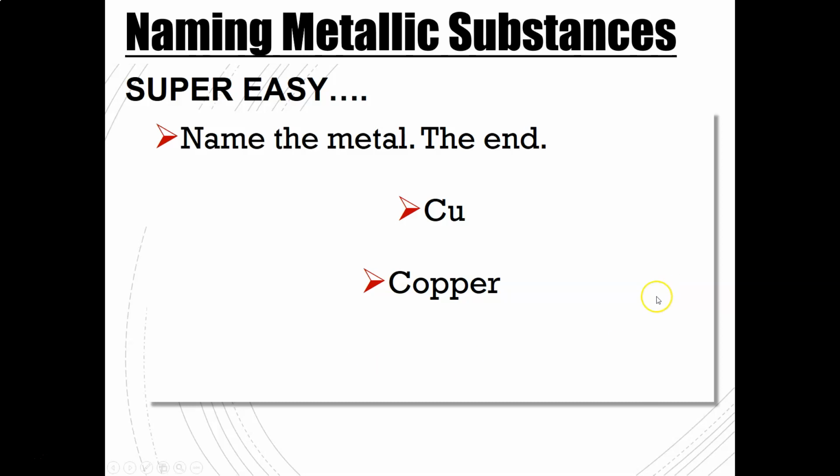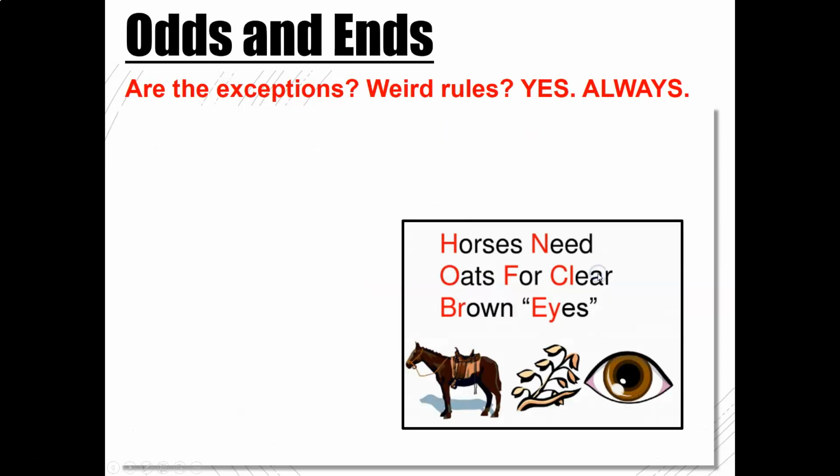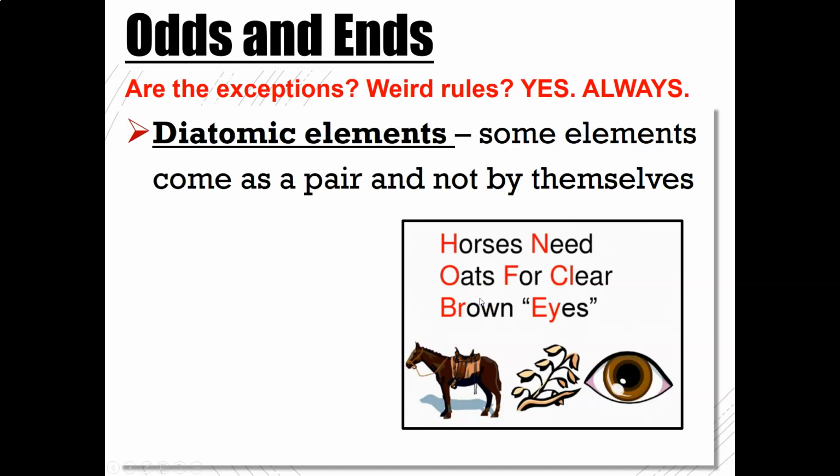Another little odds and ends that you need to know is diatomic elements, okay? Diatomic elements are things that come as a pair. They don't come by themselves. We have a mnemonic. Horses need oats for clear brown "eyes."